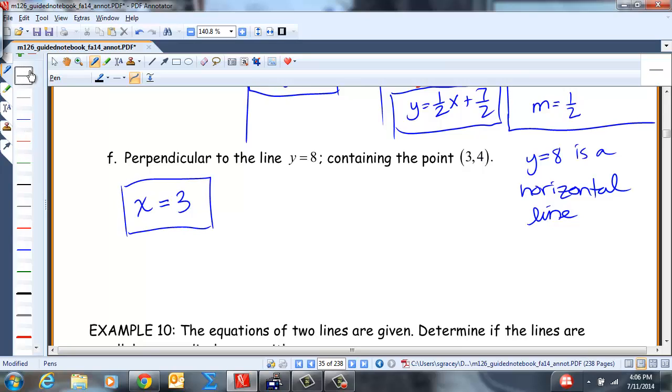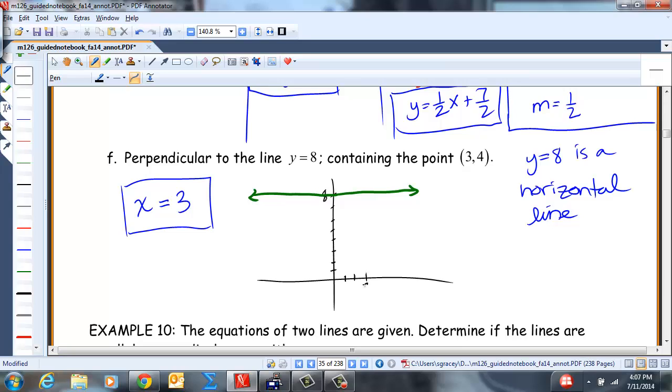So if you drew a picture of this one, and if this was 1, 2, 3, 4, 5, 6, 7, 8, so this here is the line that they want us to form a perpendicular line to, and 3, 4 is supposed to be on our line.